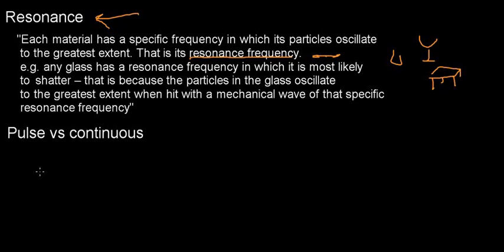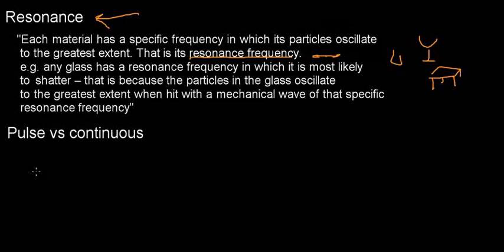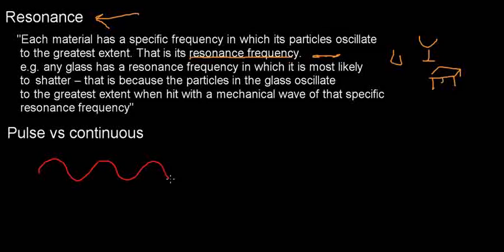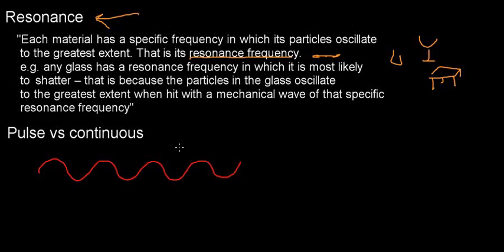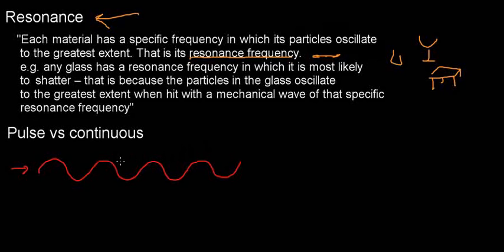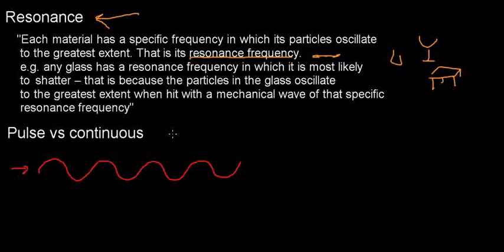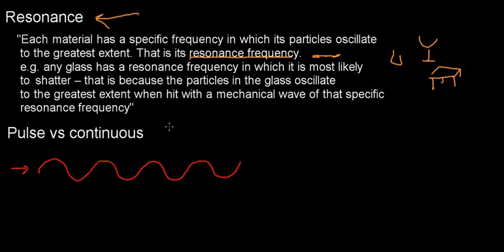I can't even make it sound very scientific. Continuous ultrasound, just think of it as a continuous wave. Well, obviously, we're not talking about transverse waves, but this is just a way to think about it. It's just the same amplitude. Now, what we need to know is that when we use, let's just say, piezoelectricity to generate ultrasound, that crystal is going to start vibrating slowly and then pick up the speed to where we set it.